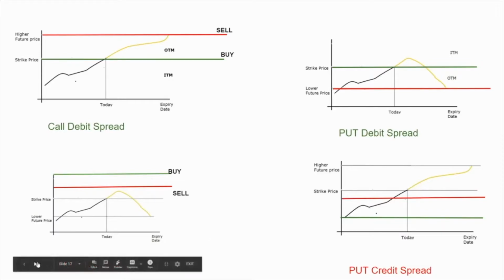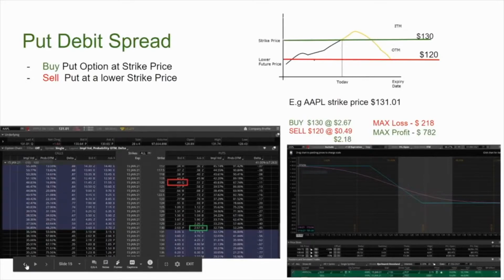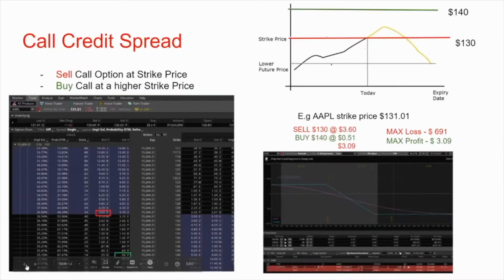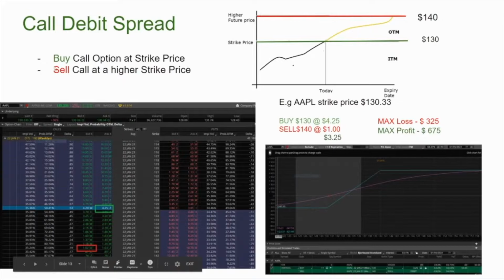I can illustrate further with some notes and screenshots I had taken. What it means is that you're buying a call option at a strike price, and then selling another call option at a higher price, or deeper out of the money. The difference between the two is what you pay, and what you pay constitutes your maximum loss.